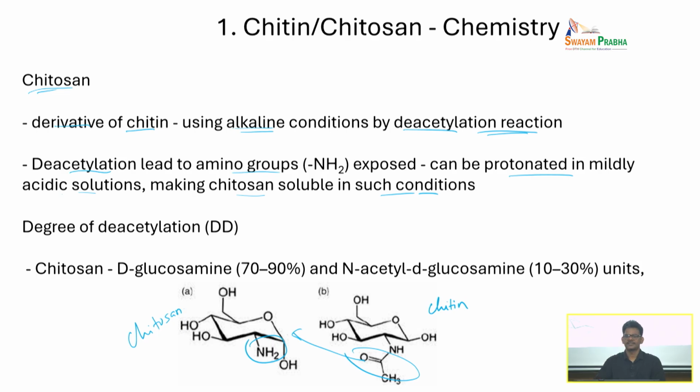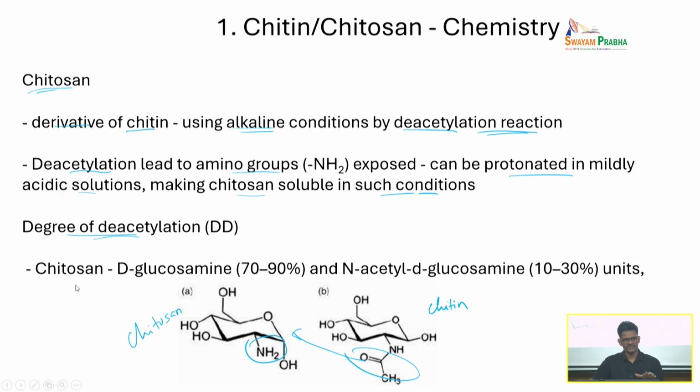Now if you recollect pectin, when we talked about pectin, we distinguished pectin as high methoxy and low methoxy based on the degree of esterification. There in pectin we use methanol to do esterification, so the degree of esterification or degree of methylation is something we define. Similarly, in this case we have something called the degree of deacetylation. The native chitin has an acetylated amine, and to what extent you do deacetylation is called the degree of deacetylation.